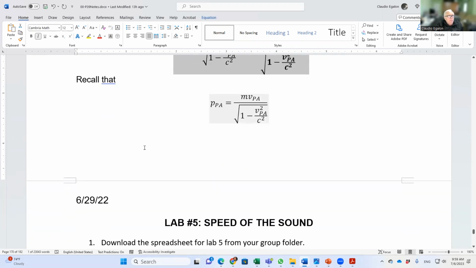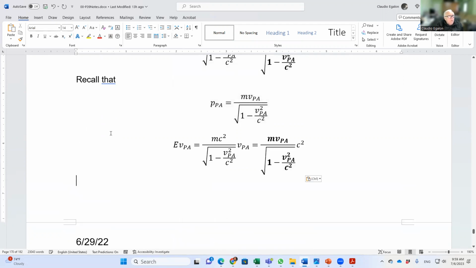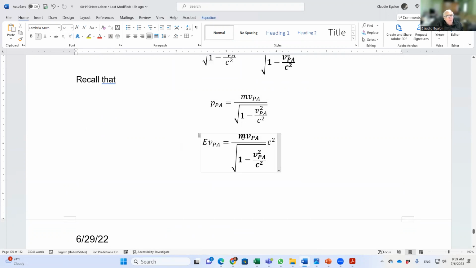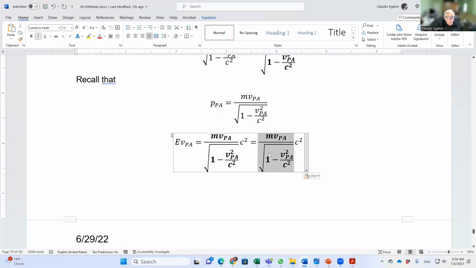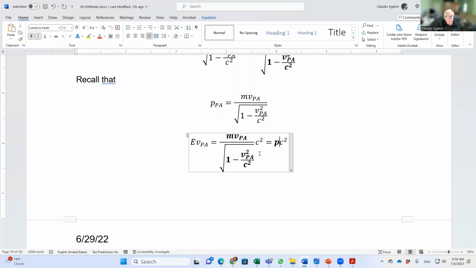Energy times speed is related to the relativistic linear momentum. That is what we have discovered as we investigate further and further the consequences of that equation, pc squared. We remember that we covered that in Physics 38.